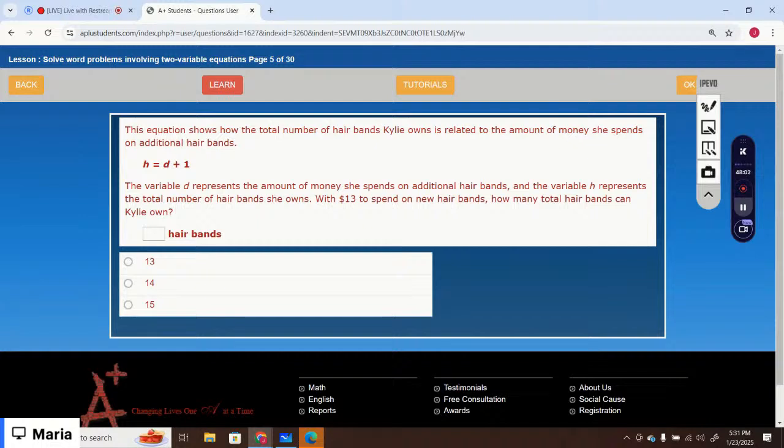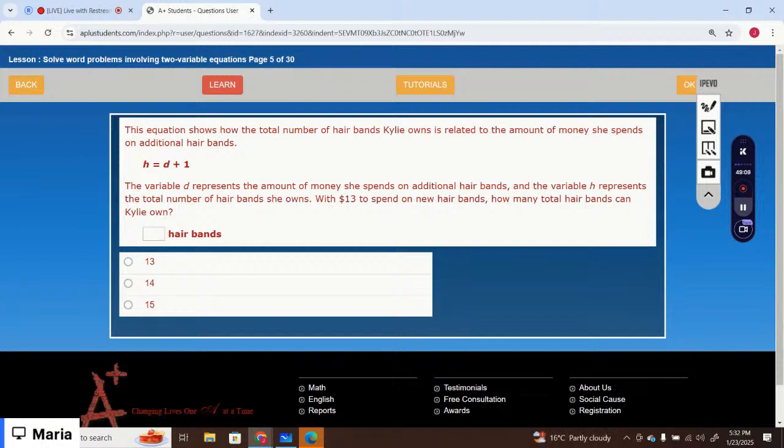With $13 to spend on new hairbands, how many total hairbands can Kelly own? 13 plus 1 makes 14, so the correct option is 14.